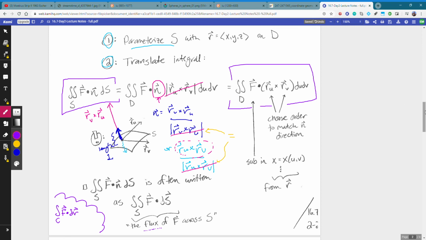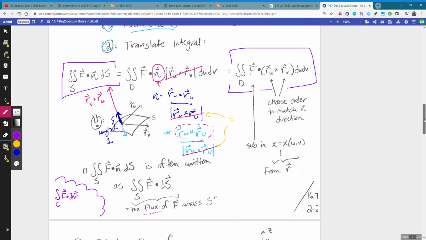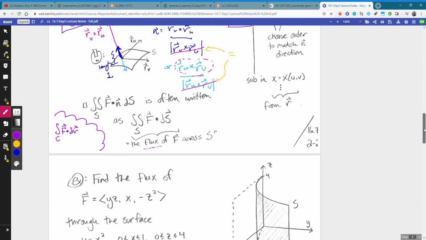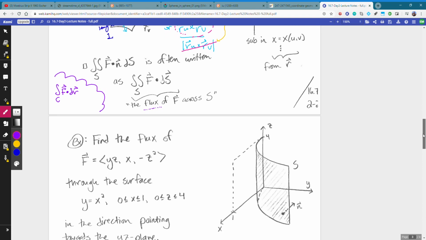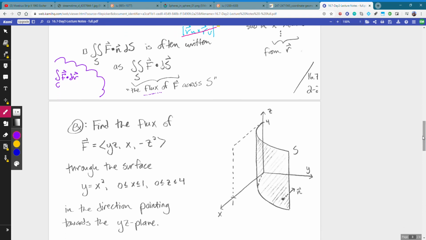All right, so now that we are ready to go with our translation formula, let's put it to work with an example. So here we have a surface hanging out in 3-space, and we have some vector field, right?